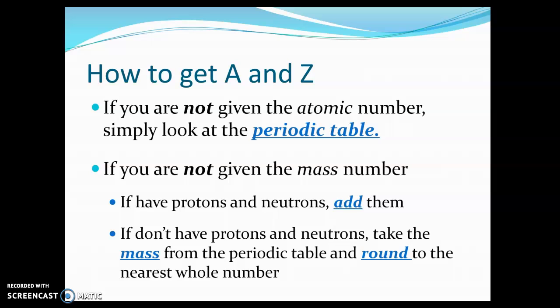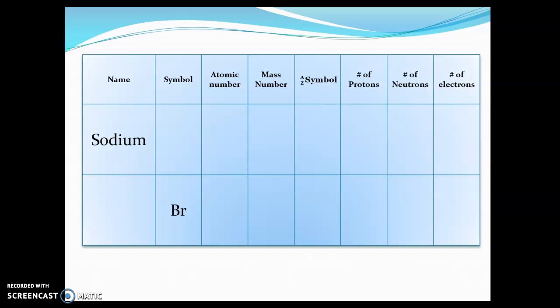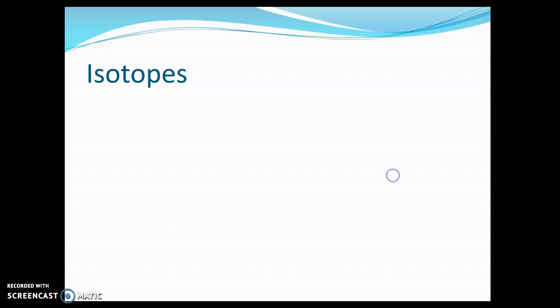That gives you the mass number. If you don't have protons and neutrons, take the mass number from the periodic table and round to the nearest whole number. All right, so ways to get the numbers. We'll do this one in class as a little challenge.